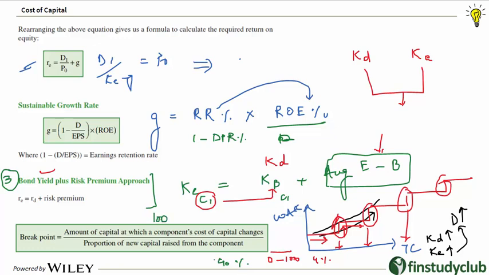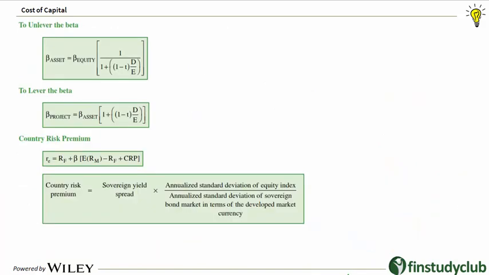So if debt is 100 and the percentage is 40, the break point is going to come at 250, because when my total capital is 250, my debt is going to be 40% of that, which is 100, and it is at that point that my cost is going to go up from 4% to, say, 5% or whatever else. So keep that in mind, that your break points are the values of the total capital, but the reason for those break points are the individual costs.